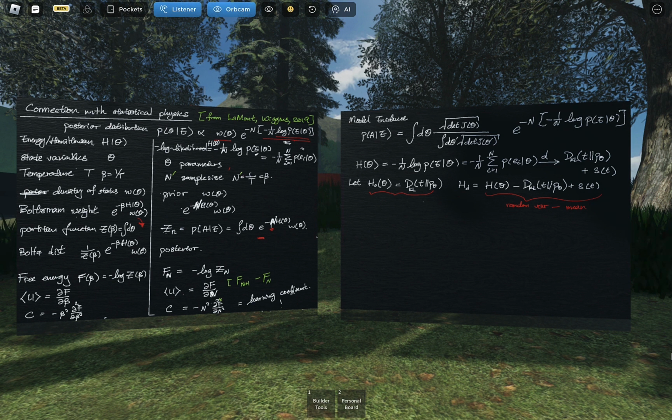The random variable converges to its mean by the law of large numbers as n goes to infinity. So morally speaking, the Hamiltonian energy function should be the first term.